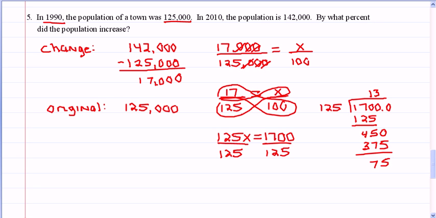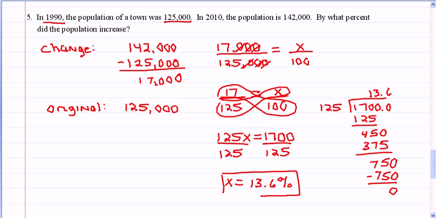And when I bring down the 0, I get 750, and 6 times 125 is 750. So this one divides in evenly, so we can stop here. And x is equal to 13.6%. So there was a 13.6% increase in population from 1990 to the year 2010.